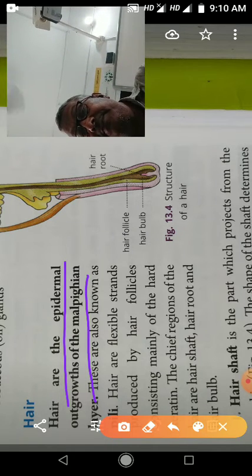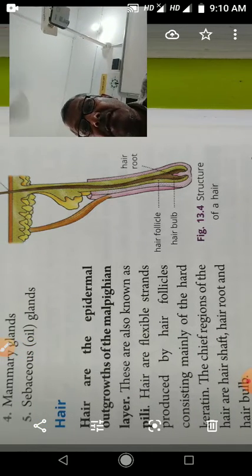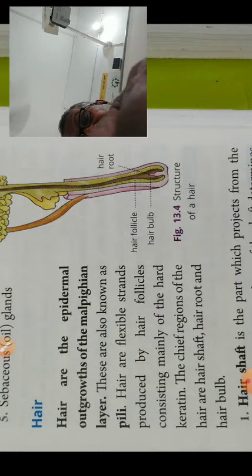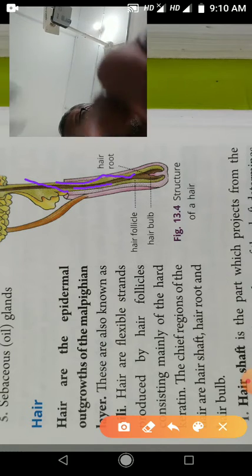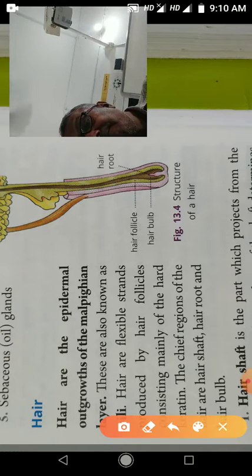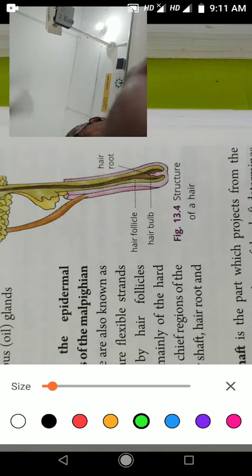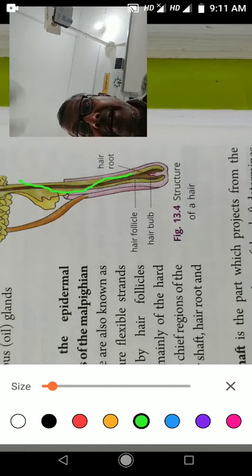So in this figure, children, you can see this is the hair shaft. This is hair shaft, and hair root.